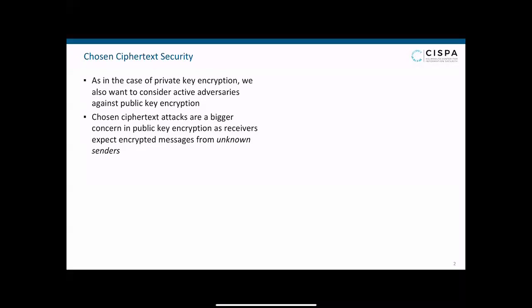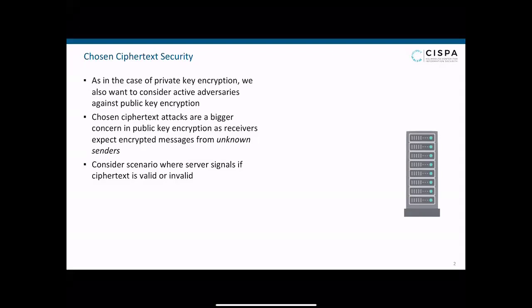In the private key setting, we had at least the option to authenticate things, but here, when you're a web server being sent queries by internet users all over the world, you haven't met these people before, you don't have a shared secret with them, they're unknowns to you, but still we would like to protect the privacy or the secrecy of their queries to such a web server.